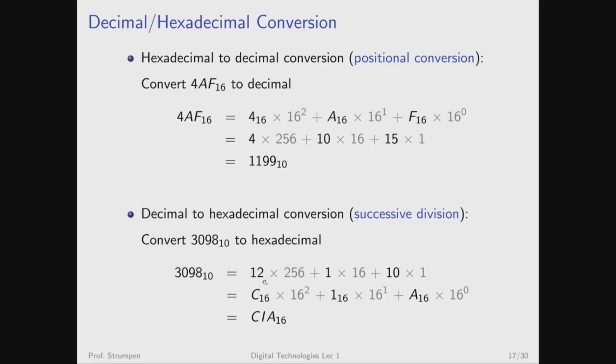So 3072 is less than 3098. So we get 12 times 256 in 3098, and the remainder, 3098 minus 3072, is 26. Check. 26 is less than 256.